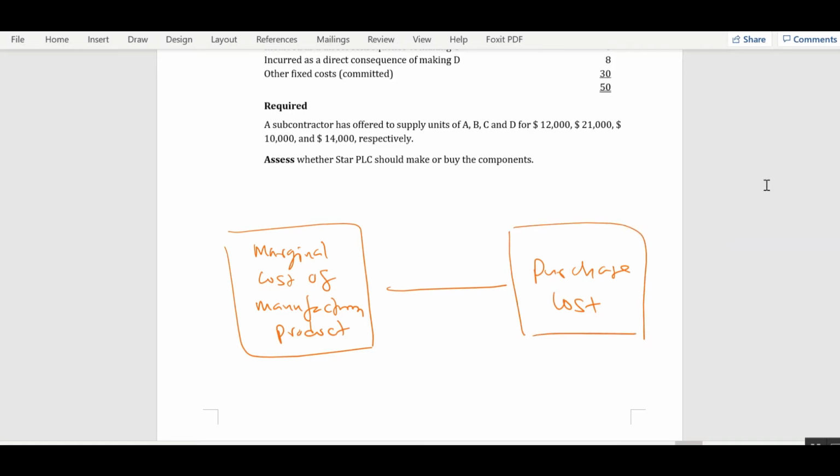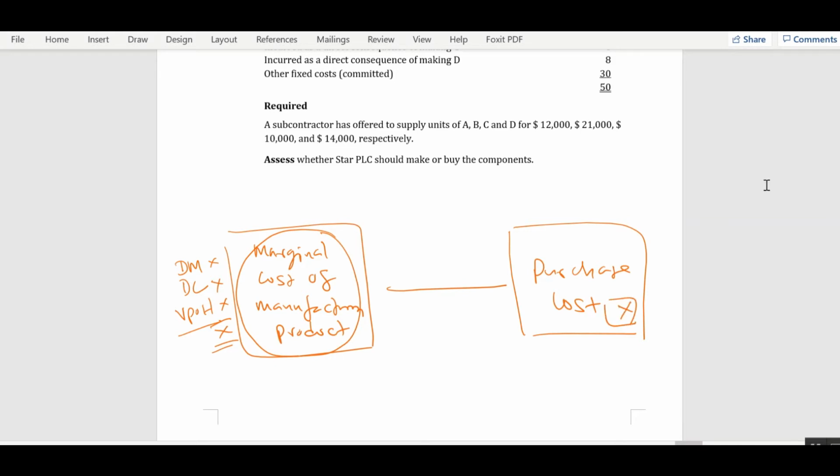So marginal cost means, under marginal costing we discuss the direct material, direct labor, variable production overhead cost. So these costs will have to be taken into account when you calculate the total marginal cost of the manufacturing a product versus the purchase cost.